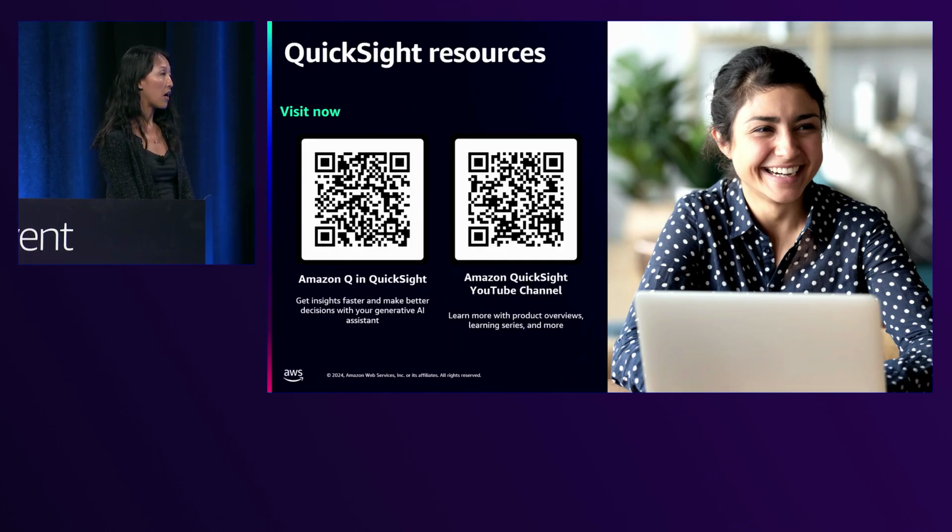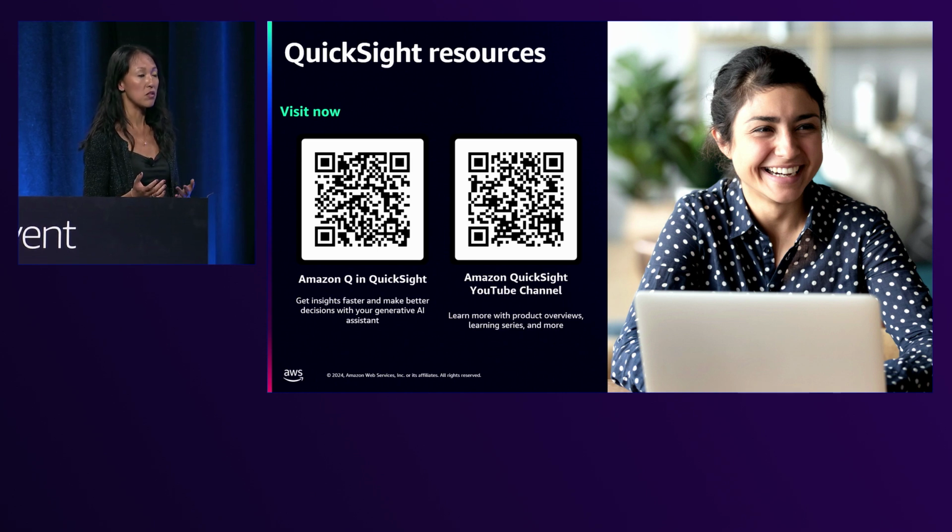We also have a QuickSight dedicated YouTube channel where we're constantly uploading new content with our product managers announcing new features, use cases. There are also live workshops led by solutions architects for those who are interested in diving a bit deeper and hands-on following along. There are webinars, customer testimonials, really a variety of different content that's available.